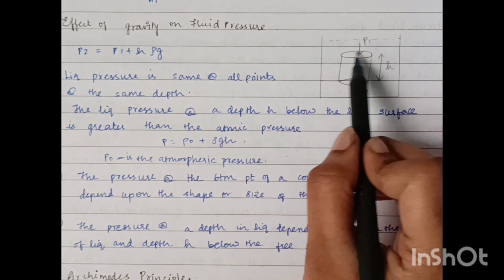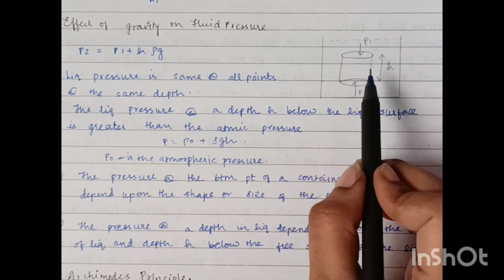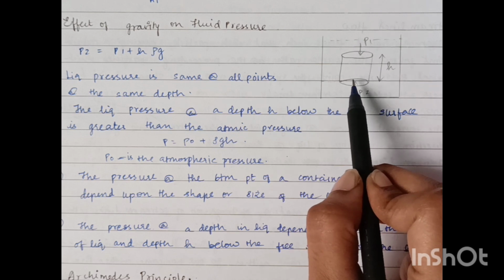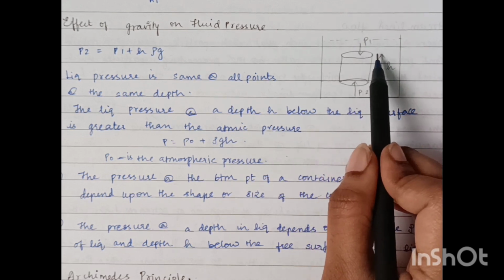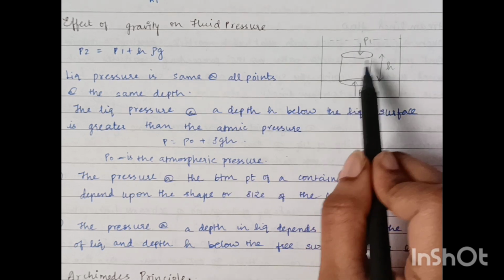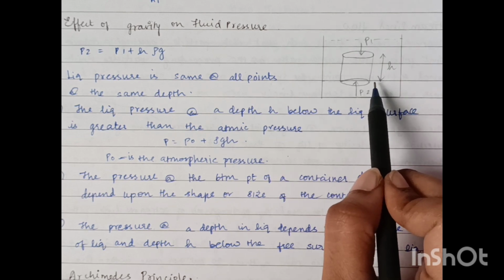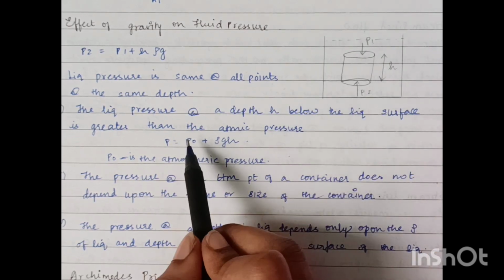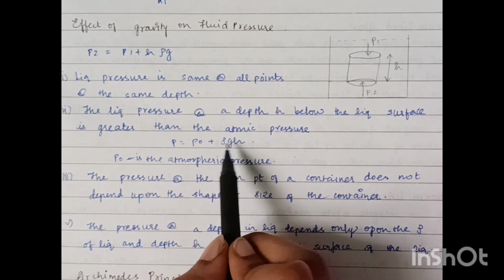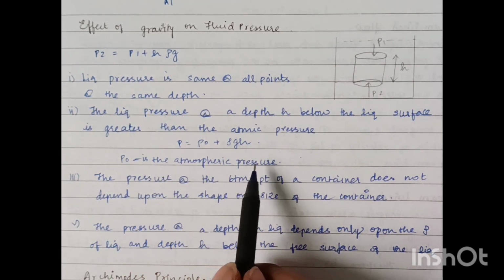So if suppose this is the surface, there will be an atmospheric pressure, and at this point, in addition to the atmospheric pressure, another pressure, that is rho g h, will also be there. So at a certain depth h below the liquid surface, the pressure will always be greater than the atmospheric pressure, that is P naught plus rho g h. Here I have mentioned P naught is atmospheric pressure.